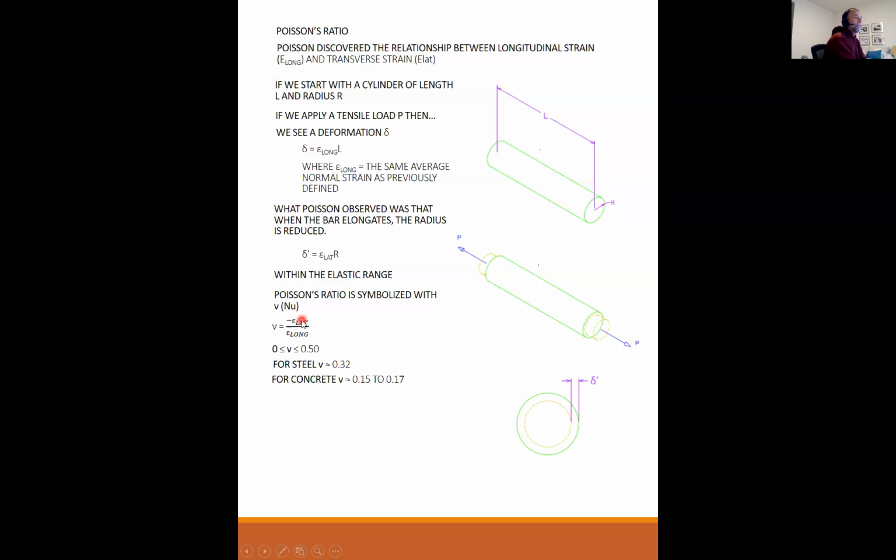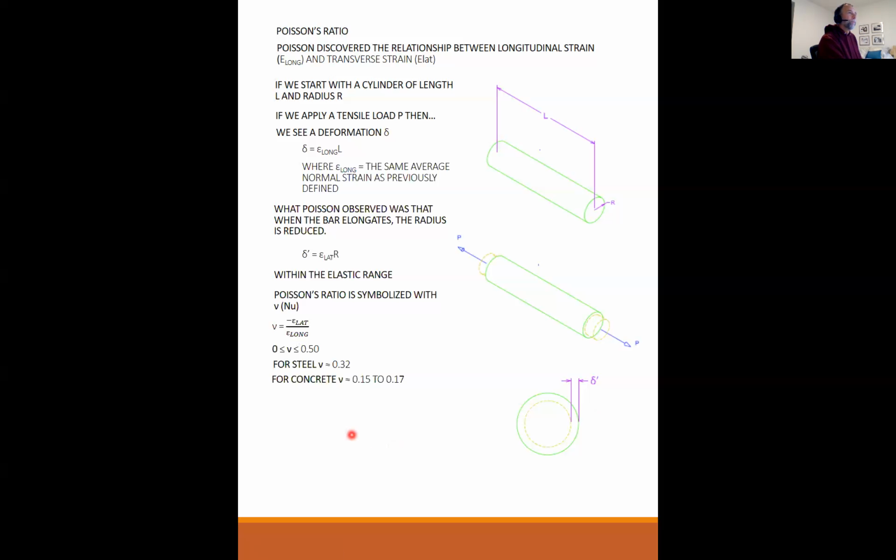That's why this is negative. If it's the opposite and you're compressing, the cylinder is getting shorter, so epsilon long is negative, and a negative over a negative is a positive, so the lateral strain will be positive and the diameter will be getting bigger, which is just confirming what you just asked.